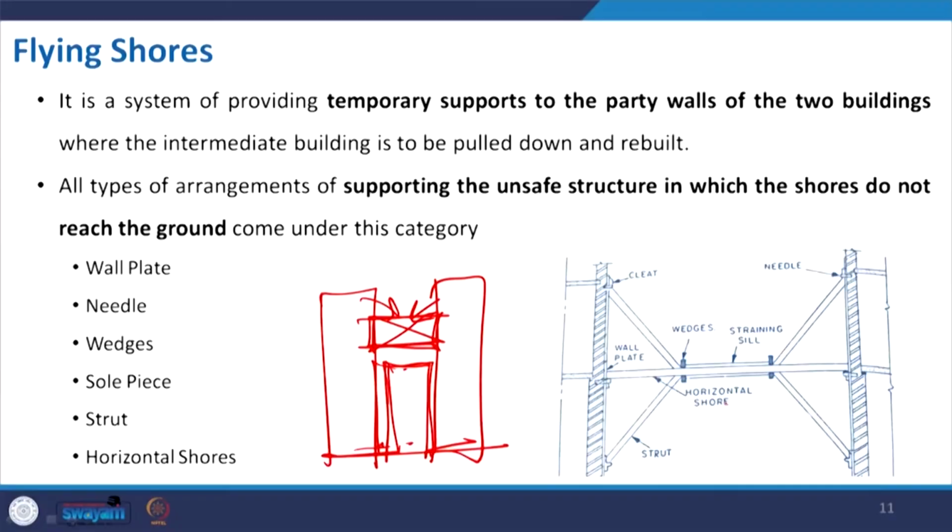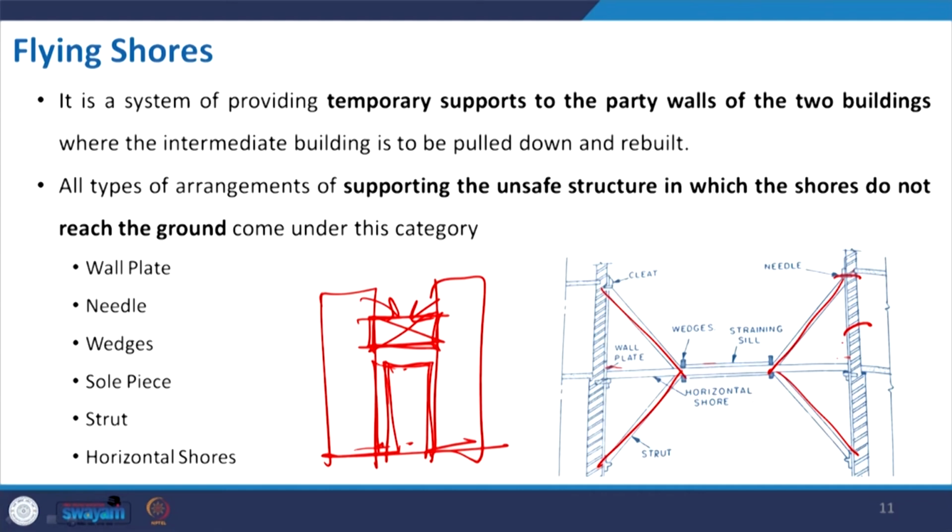So, how is it made? Horizontal members are given, the wall plate is the same, and the cleat and needle are the same as the previous one. Along with that you have some inclined members. They are making the composition in such a manner that it will hold the load.